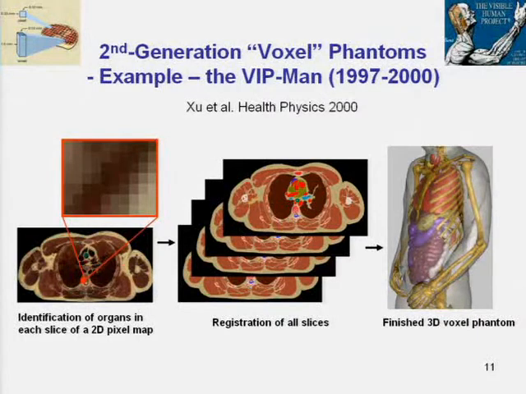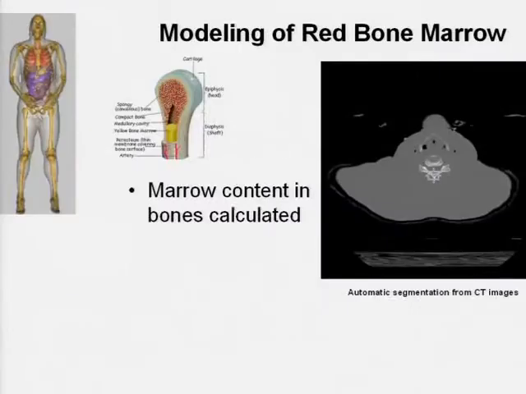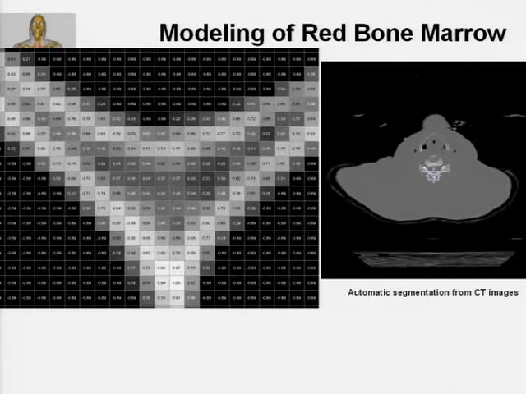This class of models had some issues associated with it, of course, the limits in resolution. If you looked at a phantom being developed from CT images, you have the lack of contrast between similar density tissues, making them hard to identify. One that's particularly problematic is the identification of red bone marrow, or marrow at all, particularly in small bones.